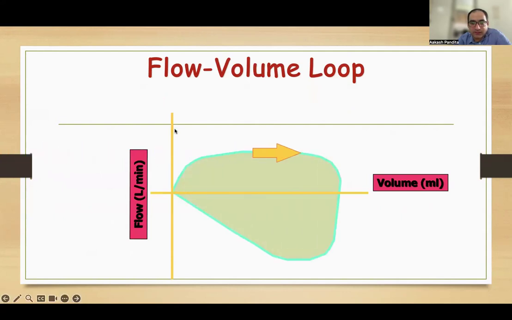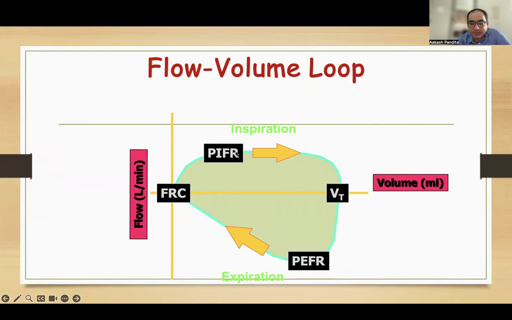In this graph, we have flow on the y-axis and volume on the x-axis. There is a positive inspiration curve. The peak is the peak inspiratory flow rate. This gives me the tidal volume, and then we have the peak expiratory flow rate coming back to the baseline. So this is the flow volume loop, where flow is on the y-axis and volume is on the x-axis.